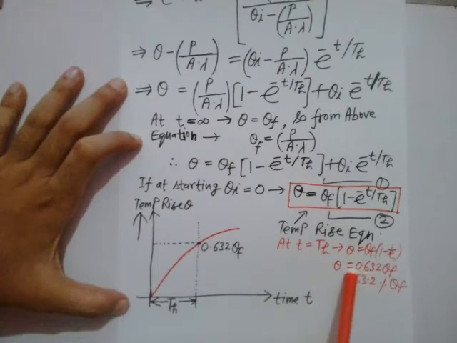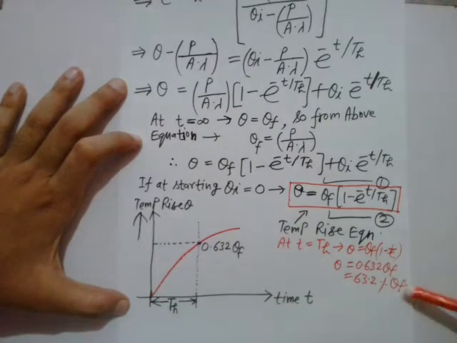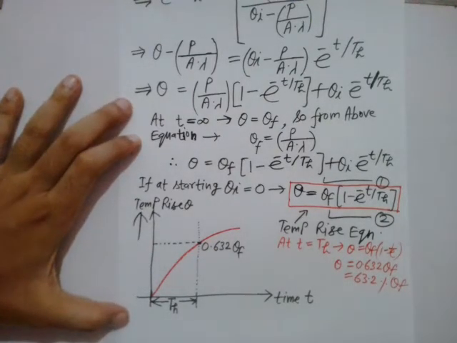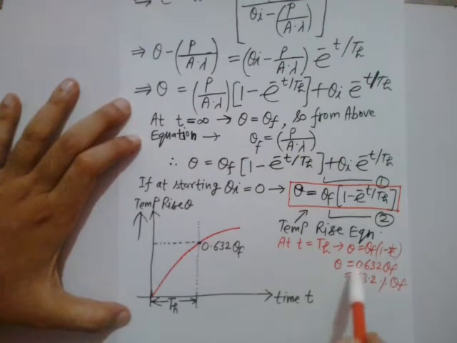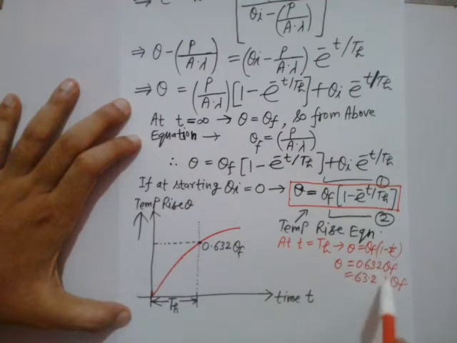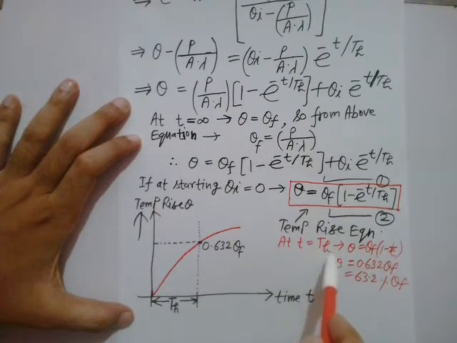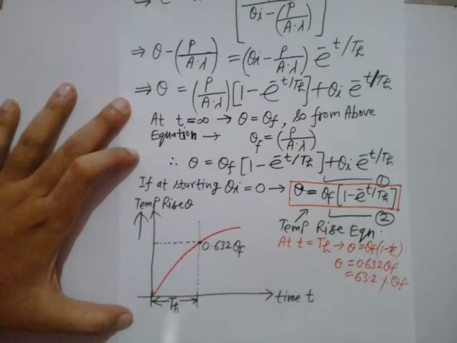When you calculate this, you will get theta is equal to 0.632 theta f, or 63.2% of the final temperature rise theta f. So 63.2% temperature rise you will get at the heating time constant tau h, right?